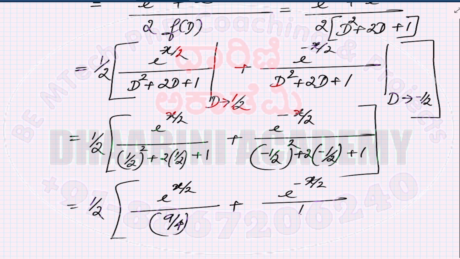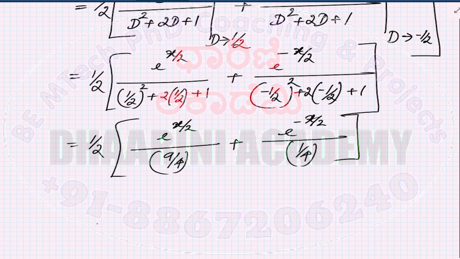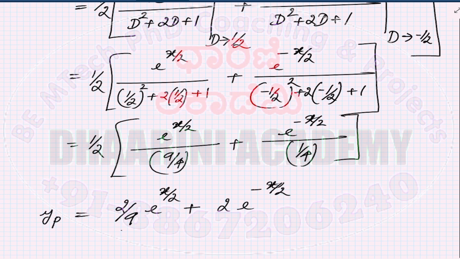This is cancelled, so this is just 1 by 4. All right, so just to expand, I can actually cancel the 2 with the 4. This becomes 2 by 9. First term is 2 by 9 e to the x by 2, plus the 4 goes to the numerator and cancels with the 2. So this is simply 2 into e to the power minus of x by 2. So you see this is yp.